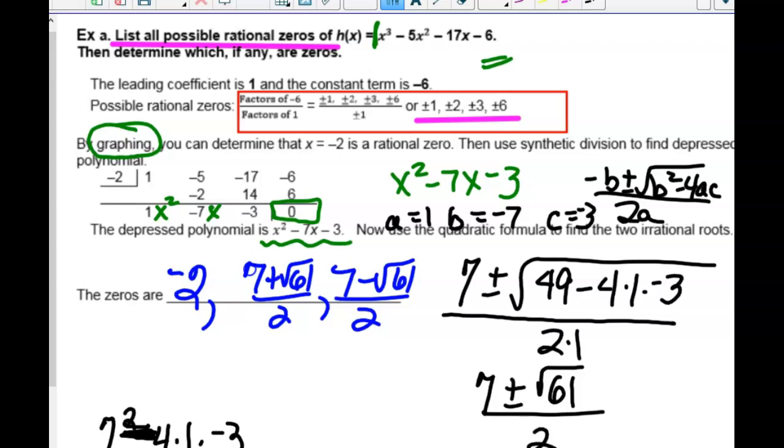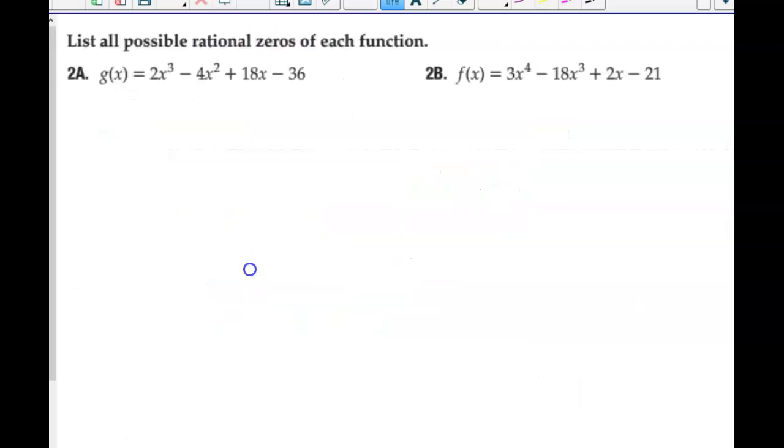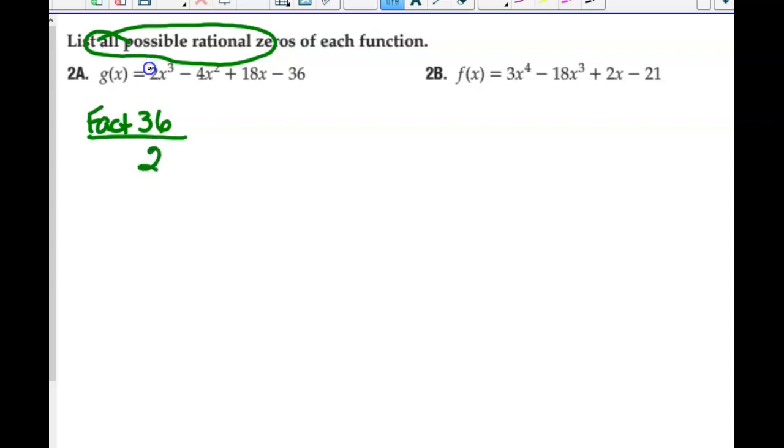Exactly. All right. So on this question, I don't know if you have this. Yes, no, maybe. Okay, we're just going to practice the p over q thing. So it says list all the possible rational zeros. So which factors go on top? Yes, the factors of 36 over the factors of the leading coefficient, which is 2.